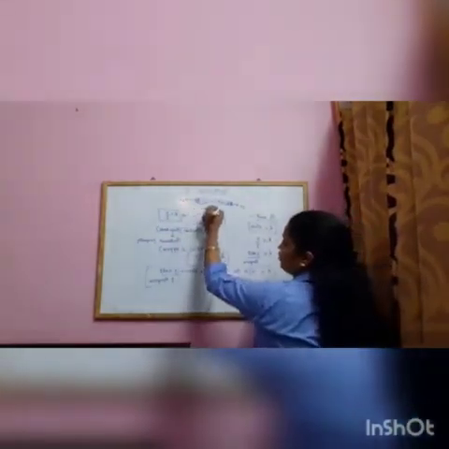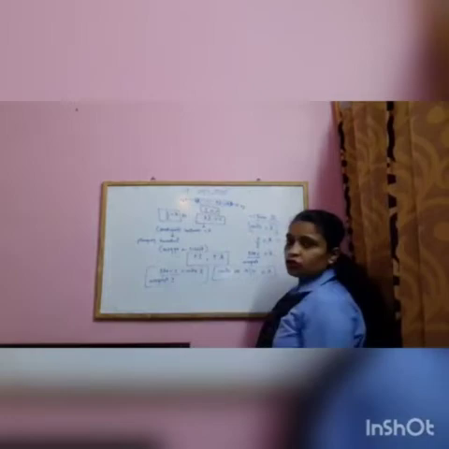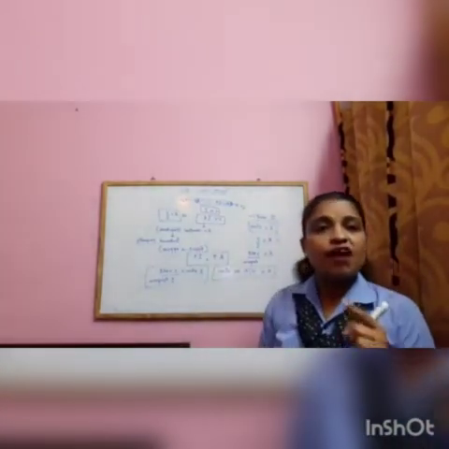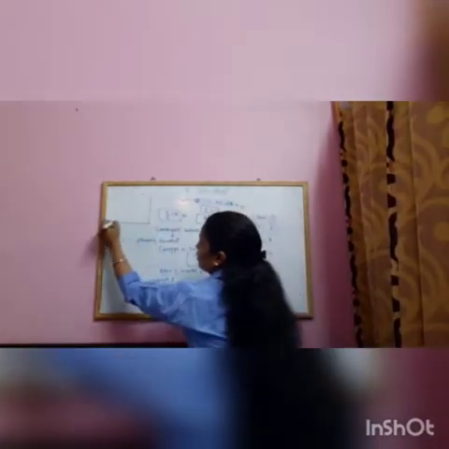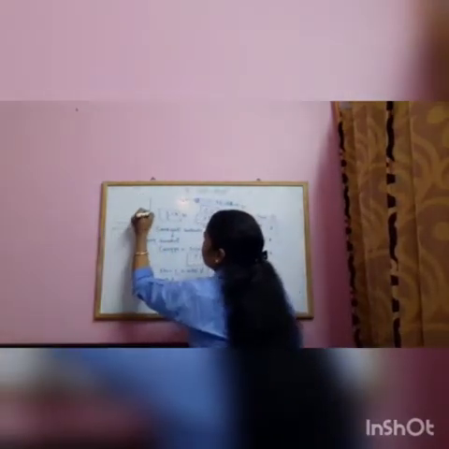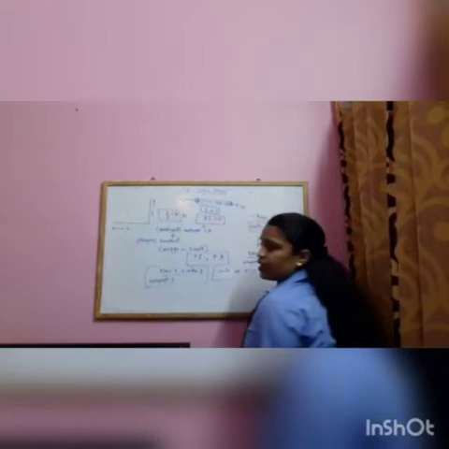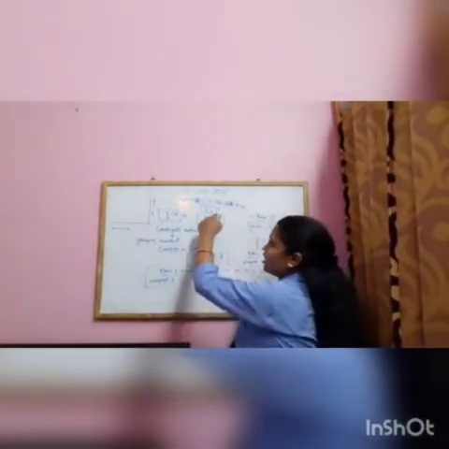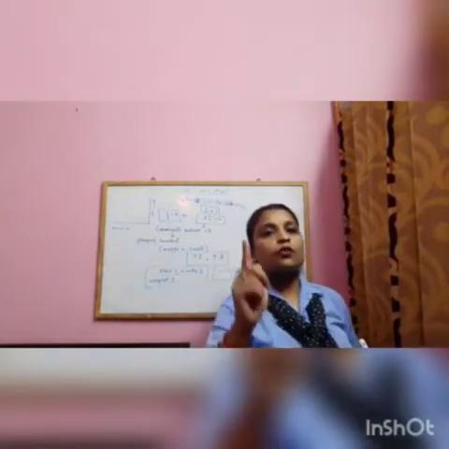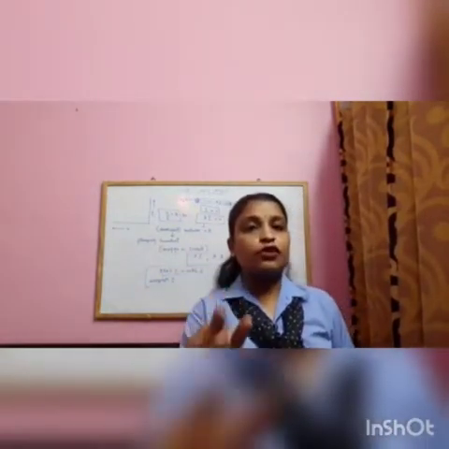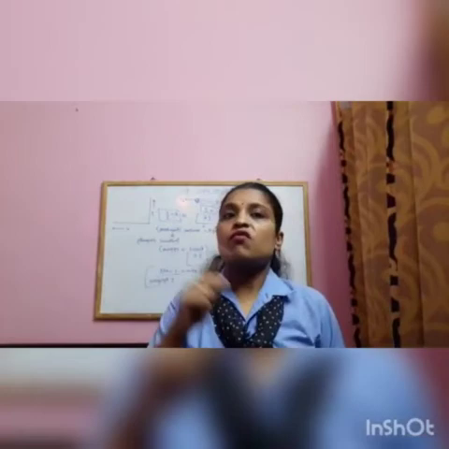Through the statement V directly proportional to I, he has given a graph between V and I. This is V and this is I. He states that V is directly proportional to I. That means whenever the current increases, the voltage also increases, or vice versa.